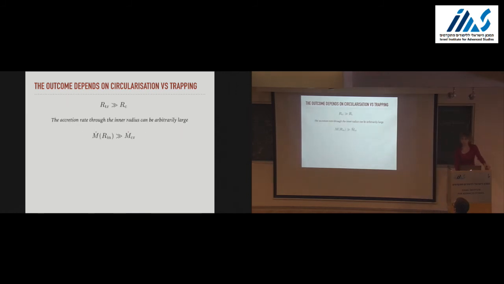In this case, because of Michi's argument that we gave initially, you can exceed m dot crit arbitrarily. In the slim disk, no. Here, yes. You can have highly hyperaccreting flows. There is no formal limit.